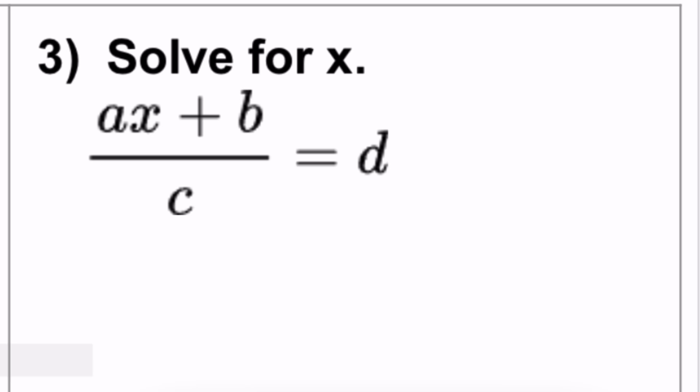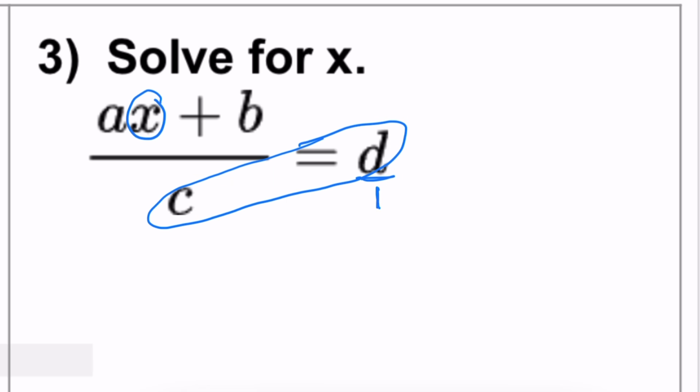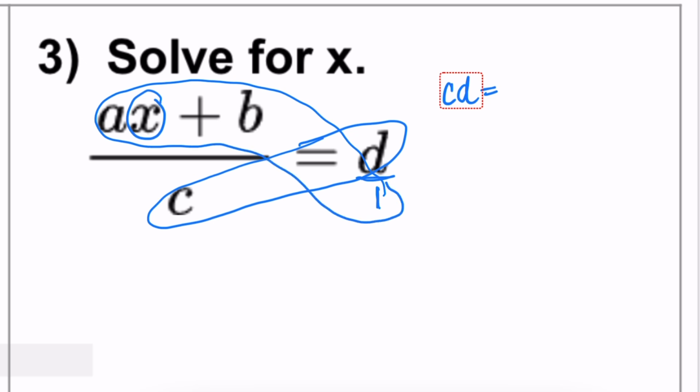For question 3, you need to solve for x. So again, this is a fraction on the left side. Make this side a fraction as well. And so you can cross multiply, and you get CD is equal to 1 times this entire expression, which is going to be that expression, ax plus b.